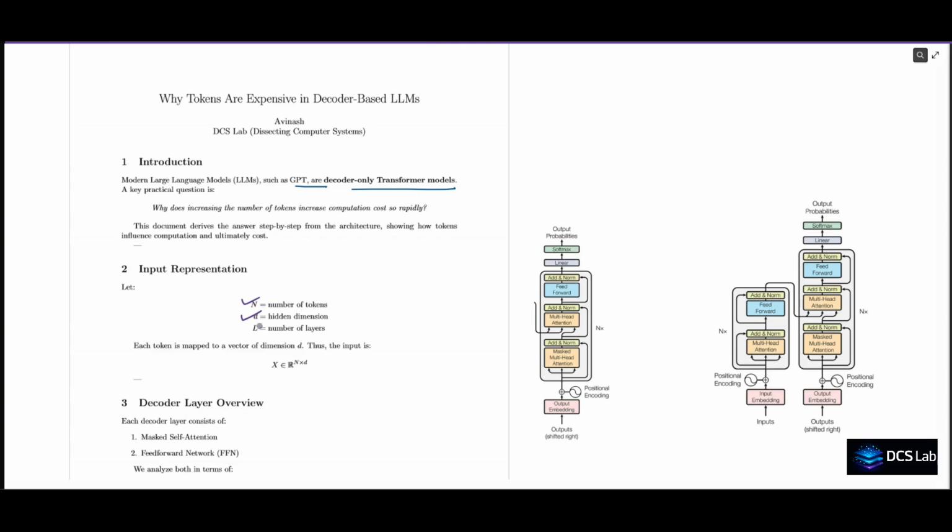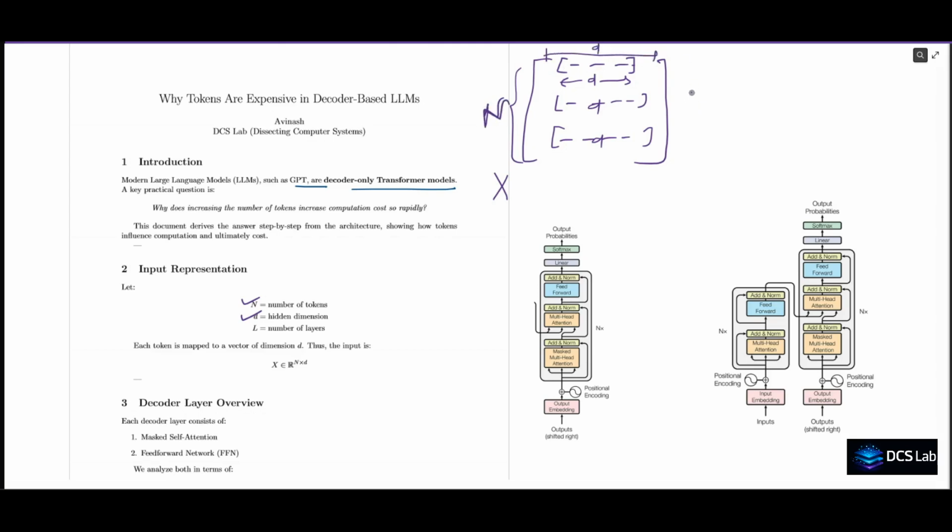Let the dimension of that be D. So each token will be converted to a D-dimension vector. For n tokens, you get an input matrix X with number of rows equal to the number of tokens, n, and number of columns equal to the size of the vector, D. So X will be n cross D. That was the input we had.